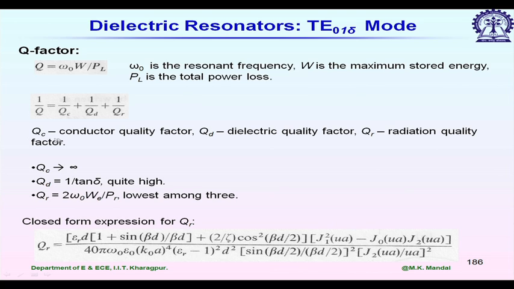Here QC represents the conductor quality factor, QD the dielectric quality factor, and QR the radiation quality factor. So, if we want higher radiation, QR should be small.